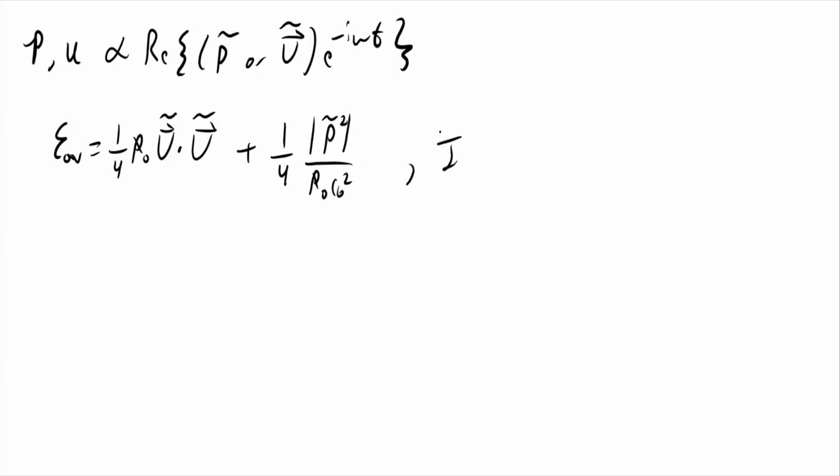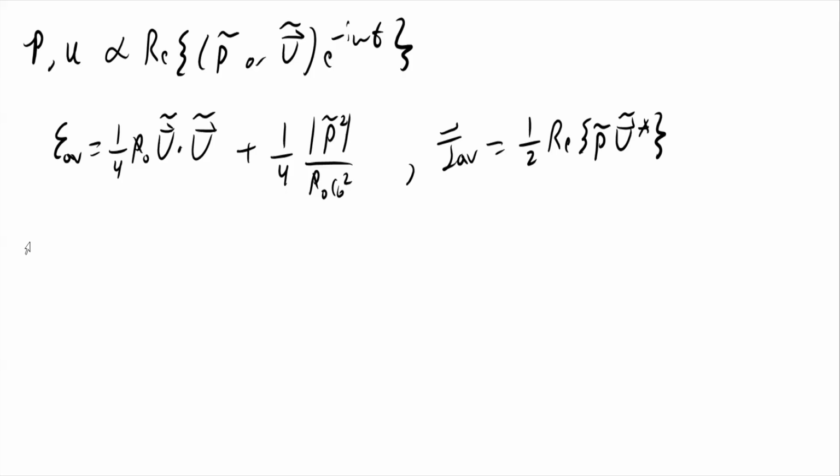The time average of intensity is 1/2 real part of p u star, where star indicates complex conjugate. This term on the right should look very familiar, as the definition of intensity is P times U, but in this form, this is how we calculate intensity. We've shown that before in the video on intensity.